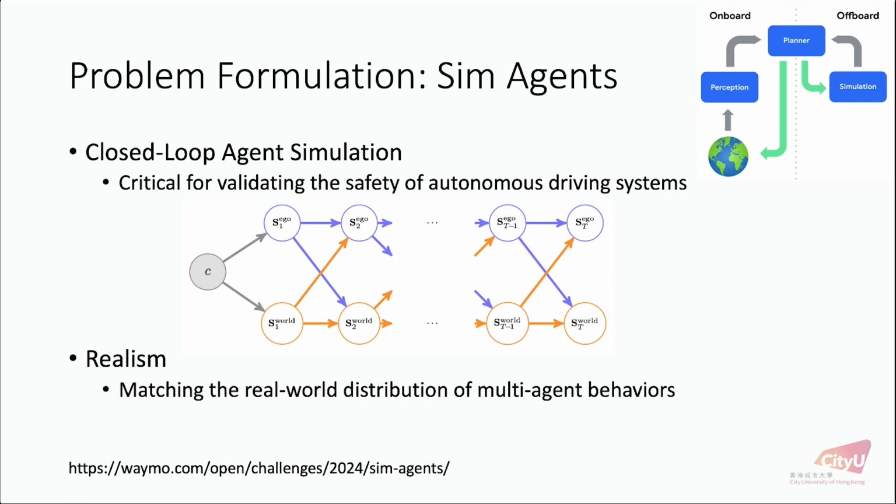This work focuses on simulating the behavior of agents such as vehicles, pedestrians, and cyclists in the digital world, which is critical for efficiently validating and iterating behavior policies for autonomous vehicles. A good simulator should be realistic, matching the real-world distribution of multi-agent behaviors to support the assessments of autonomous vehicles' ability to coexist with humans safely.